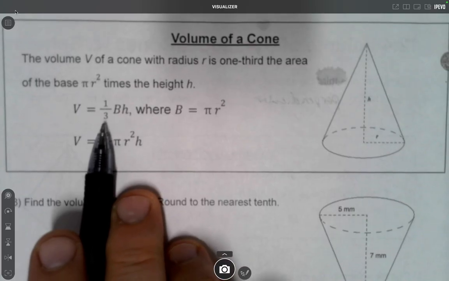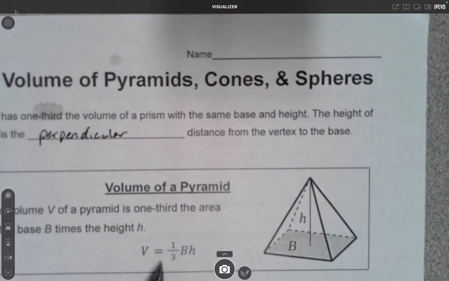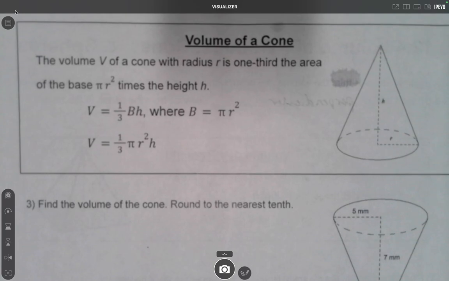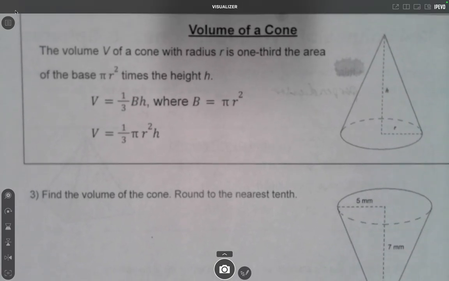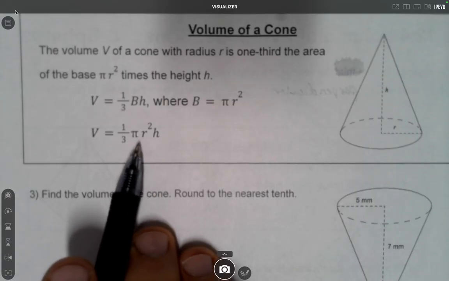It was just pi r squared h. So just like the pyramid is 1/3 of a prism, the cone is 1/3 of a cylinder. So the two things we need to find the volume are the radius and the height.